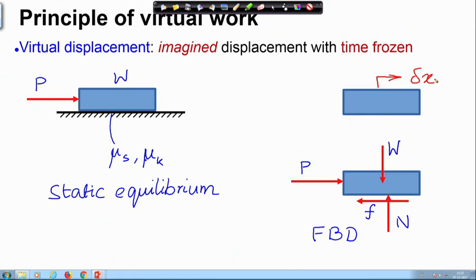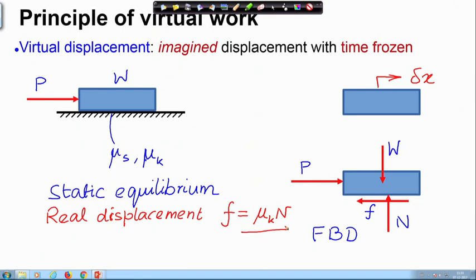Now, if I say that this displacement is real, that means the block is really moving, then you know immediately that for real movement, real displacement, the force must be equal to mu k times N. If this block is given a real displacement, then the friction force must be equal to mu k times N.